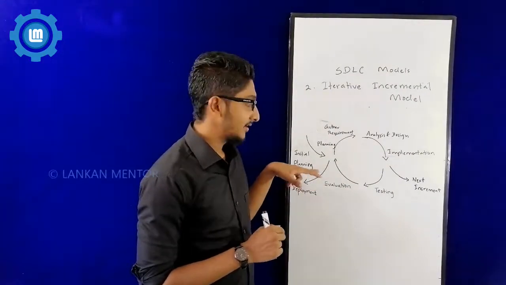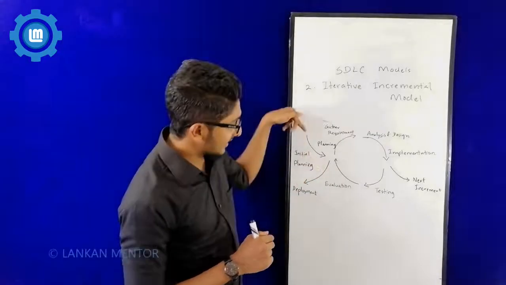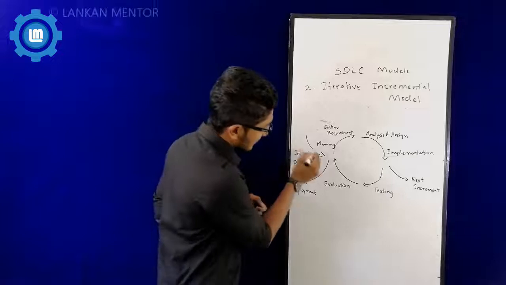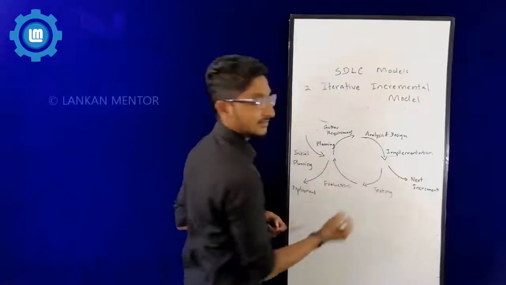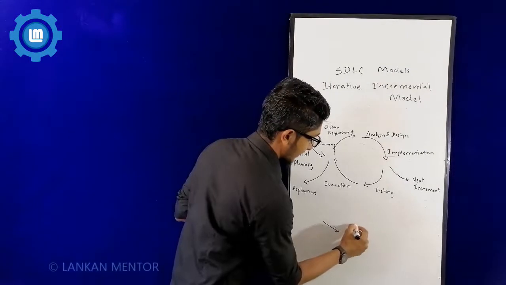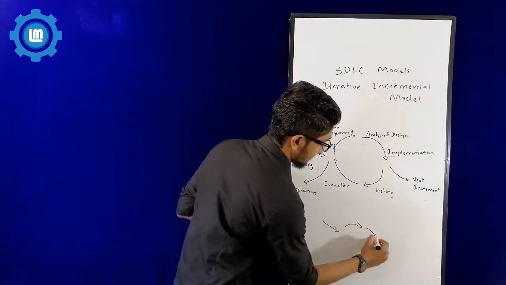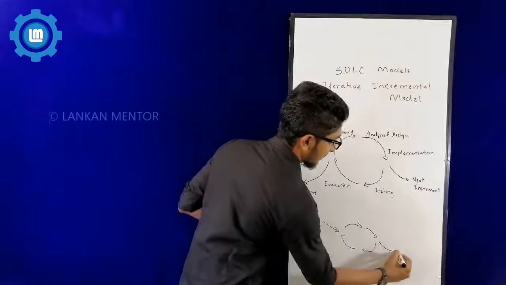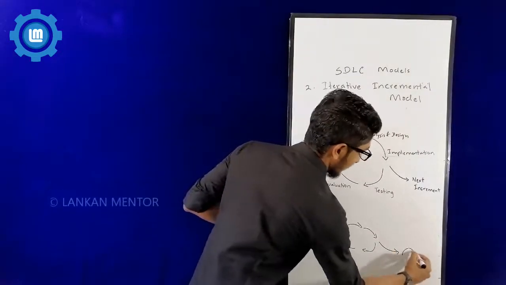You deploy. After that, you see, this part is this. Here, this line is this. So it comes like this. Then it goes out like this. Again, it's like this.